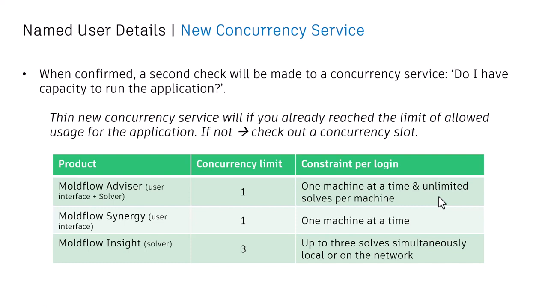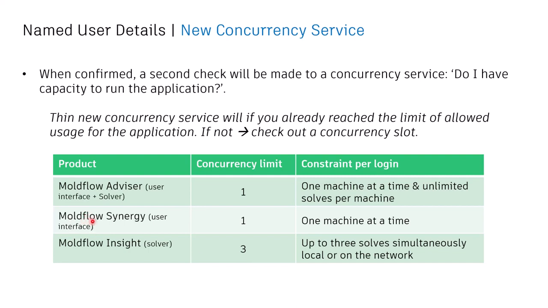We want to reconfirm that there is no compromise in terms of productivity. So we still continue to work with concurrency. What does it mean? If you opt for the Moldflow Insight Solver, you will still be able to use 3 concurrent solves. That's what you've been using. If you opt for the Insight Premium or Ultimate, you'll get access to it.